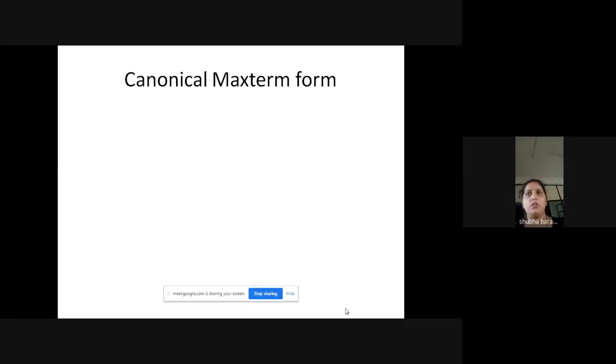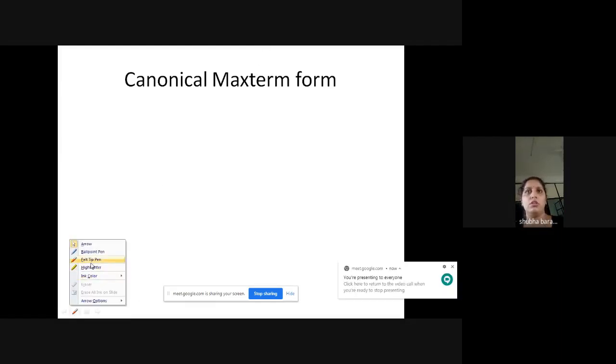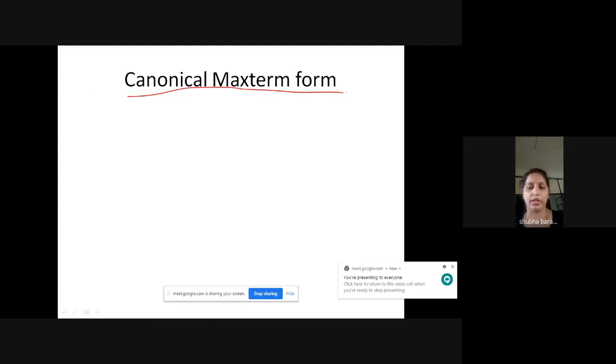Okay, so canonical max term form, right? You all are attentive, everyone? Yes, ma'am. So next we are starting with canonical max term form.